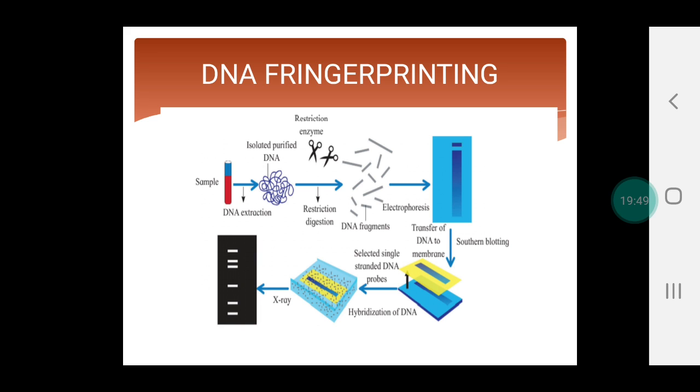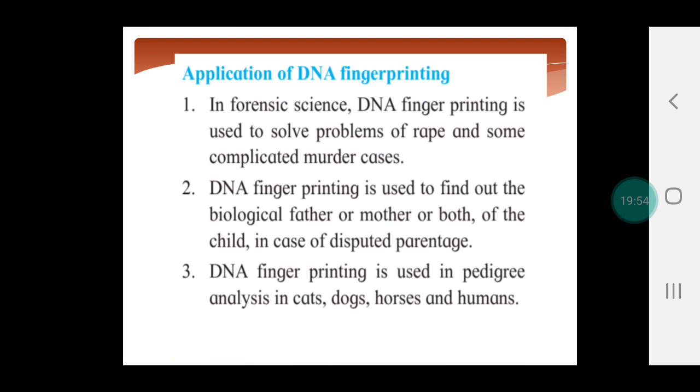So DNA fingerprinting has many applications, like first in forensic science. DNA fingerprinting is used to solve problems of rape and some murder cases. Then it is used to find out the biological father or mother or both the parents of a child in case of complicated disputed parentage.